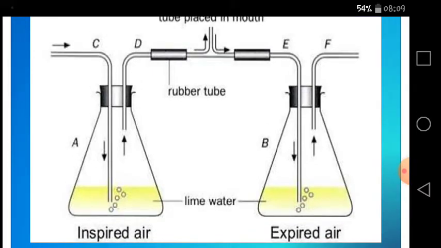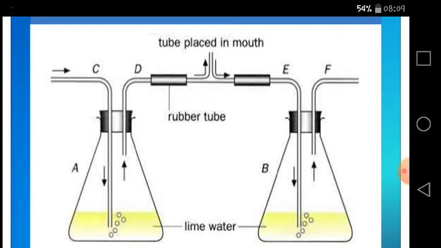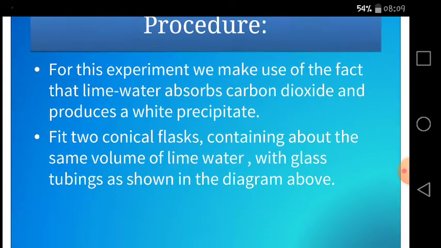Conical flask A and the delivery tube C, which is going inside the lime water, and the delivery tube D, which is above the lime water in the conical flask A, and then a tube placed in the mouth, and the delivery tube E, which is going into the lime water of the conical flask B, and the delivery tube coming out from the conical flask B, F. This is how we have to set the apparatus, and then we will go for the procedure.